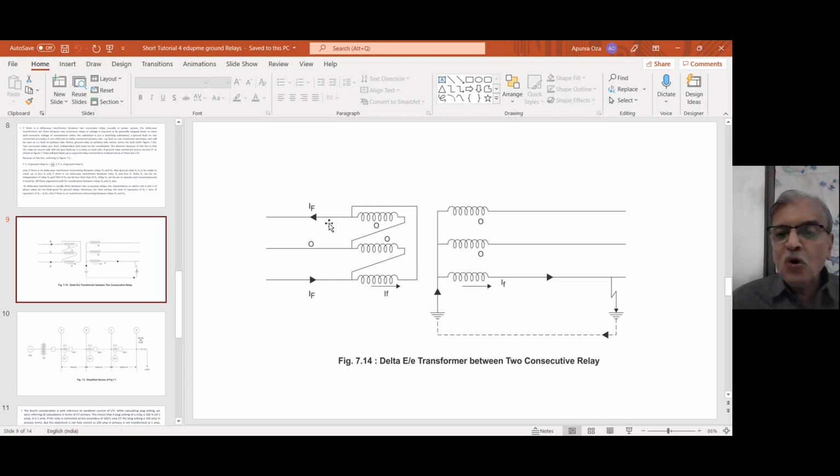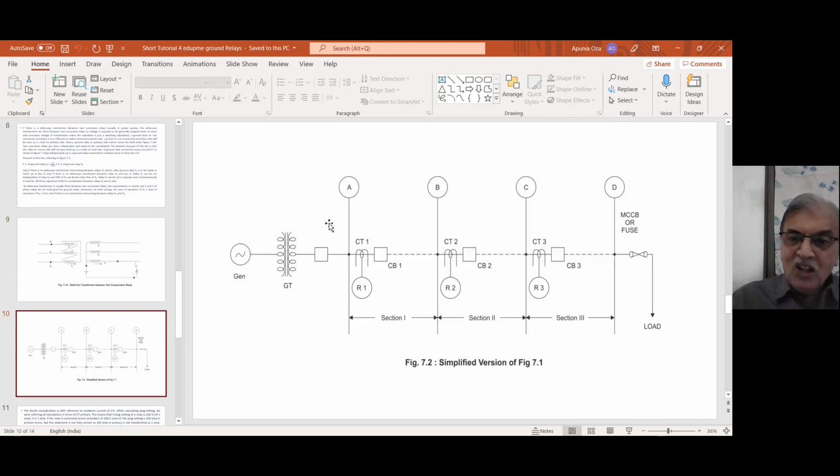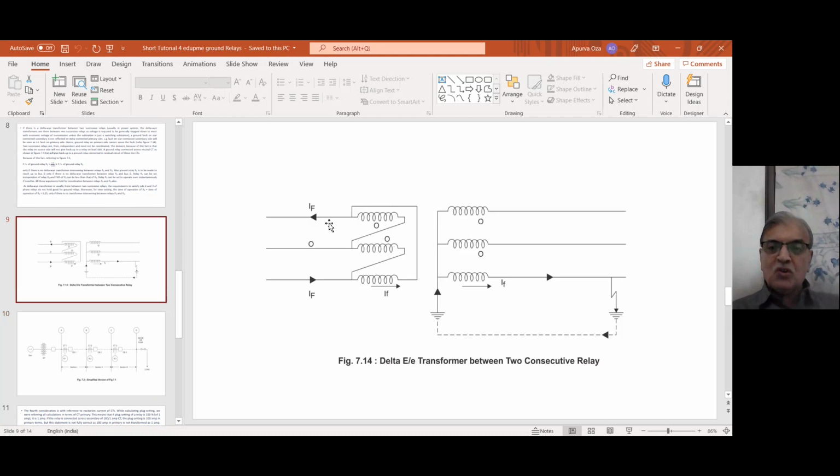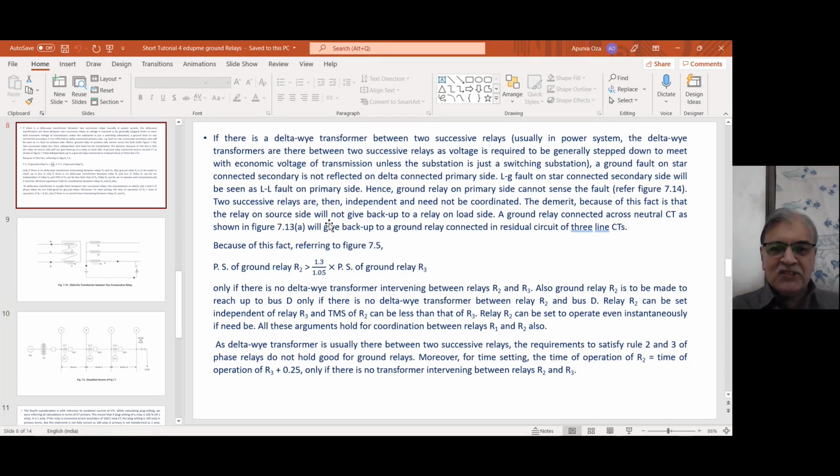Therefore, the line to ground fault is seen as a double line fault, and a double line fault cannot be sensed by a ground relay. So, for a fault on line CD, if there is a ground fault, that is not at all sensed by R2. So now R2 is not to be coordinated with R3. And when I say R2 is not to be coordinated with R3, it means the setting of ground relay R2 should not need to be higher than 1.3 divided by 1.05 of the setting of R3.